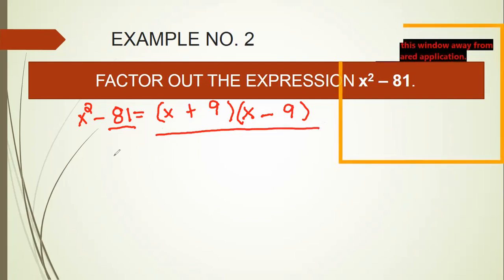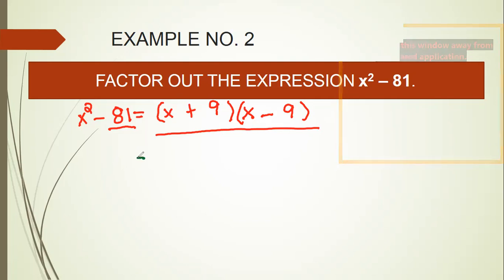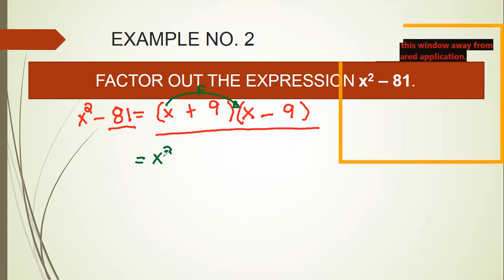Yes. But if you're unsure of your answer, just use one method of verifying. So let's verify if this expression is true. For those who are unsure of the answers, let's use the FOIL method. x multiplied by x, this is the first term, so this is x squared. The outer term: x multiplied by -9, that's negative 9x.